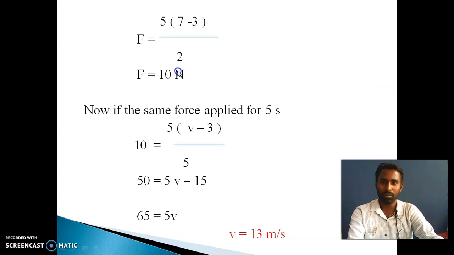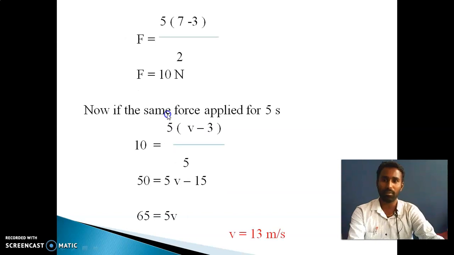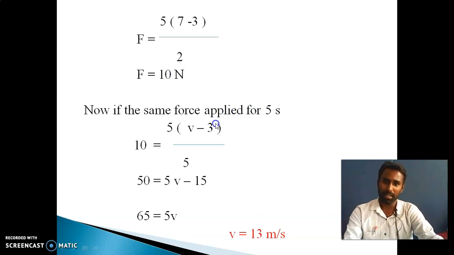In the first case, time is equal to 2 seconds. Now, if the same force is applied for 5 seconds, that is the second case, but before that we have to deduce this one. So 5 into 7 minus 3, which is 4. 5 into 4 is 20, and 20 divided by 2 is 10. So force equals 10 Newton.